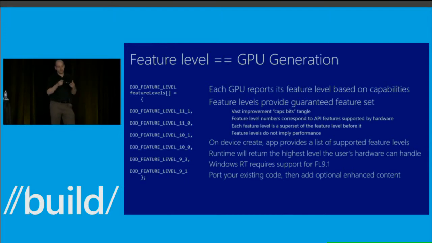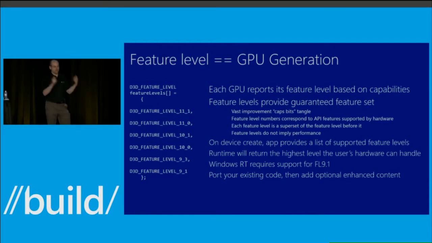And so you can think of it as if the hardware supports the features that came out with a particular API version, it'll have that feature level associated with it. And what that means for you, as app developers, is that you don't have to deal with a huge giant jungle of caps bits. Instead, you can just specify what feature levels your app supports, and then we, as the runtime, will give you back the most capable feature level that the user actually has on their system.